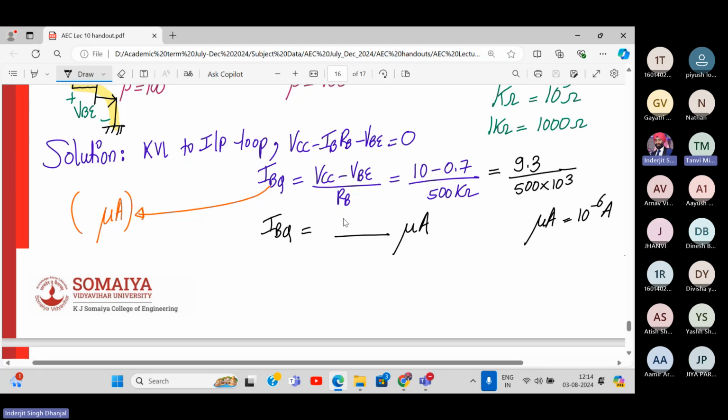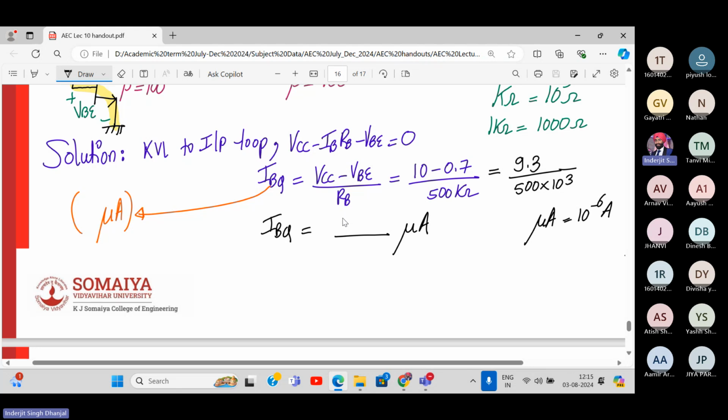Anyone else? So then it is 0.186 into 10 raised to minus 6. No, it cannot be. Type that properly: 9.3 divided by 500 into 10 raised to 3. Can you tell me again, anyone else?